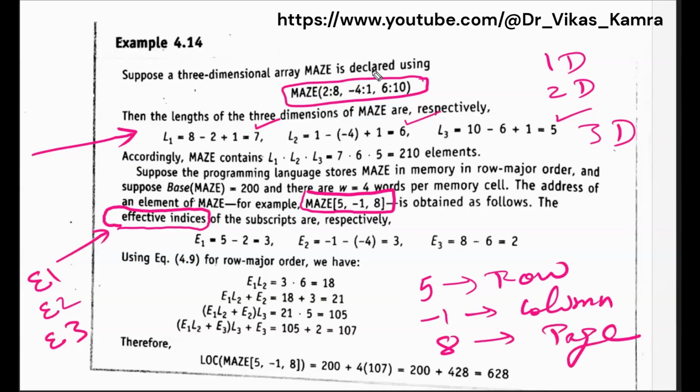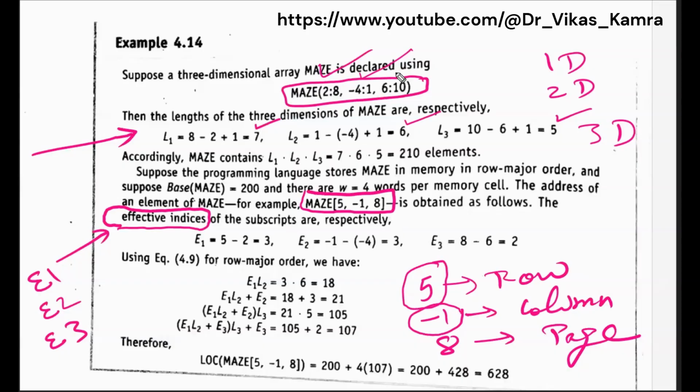Because you can see here 2 to 8 is the range of rows. So out of 2 to 8, I need to find out the effective index for the fifth row. Again, minus 4 to 1 is used for columns. So for minus 1, I need to find out the index for the column.